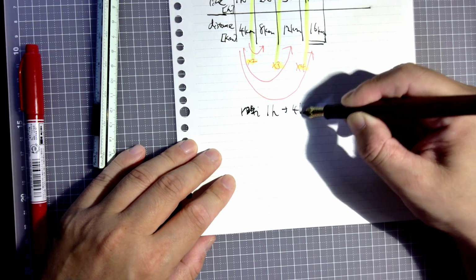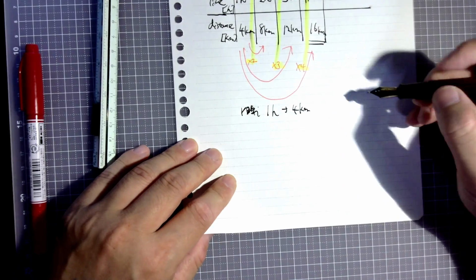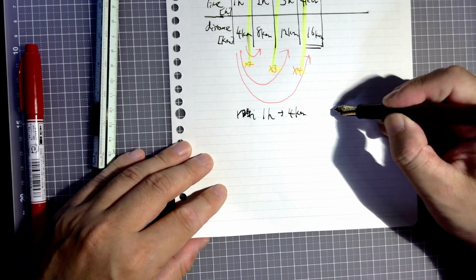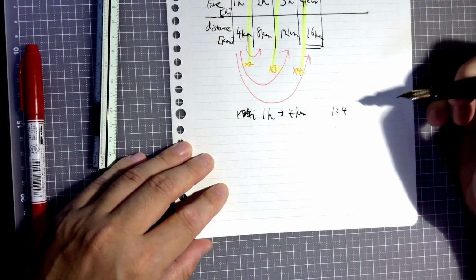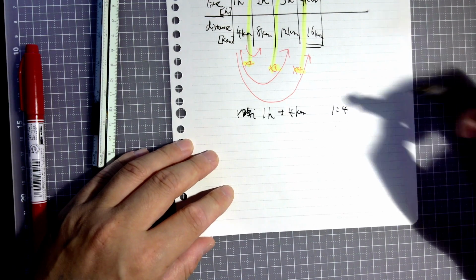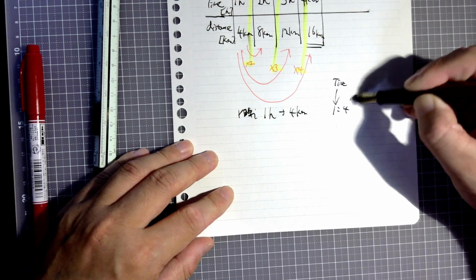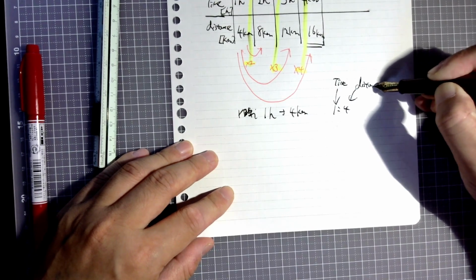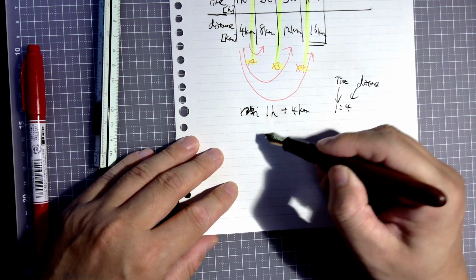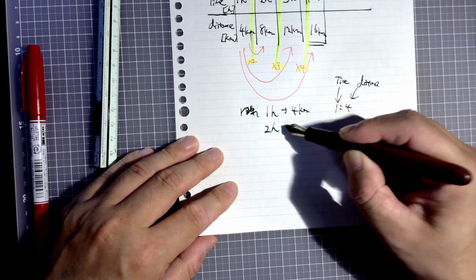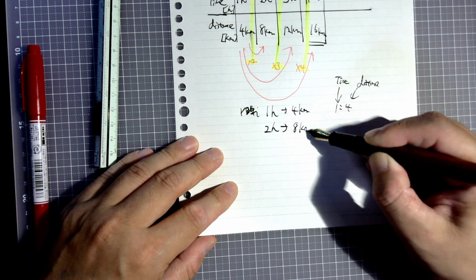The ratio is 1 to 4: this is time, this is distance. Moving forward, when you walk 2 hours, the distance becomes 8 kilometers. So the ratio is 2 to 8, and you always simplify it.